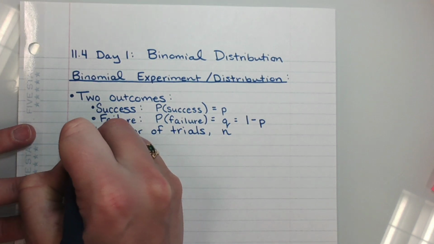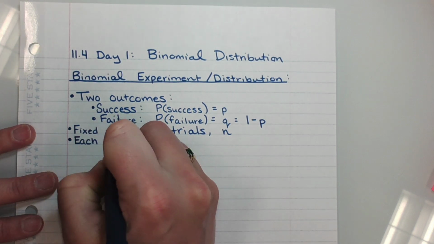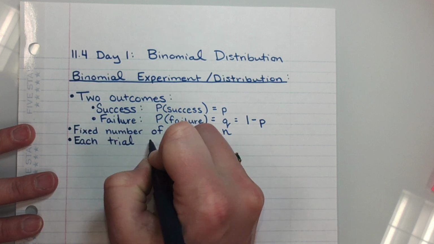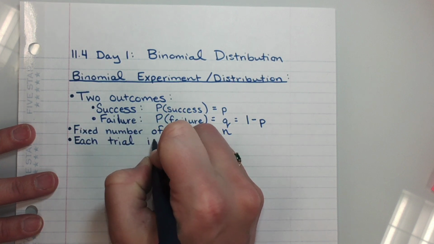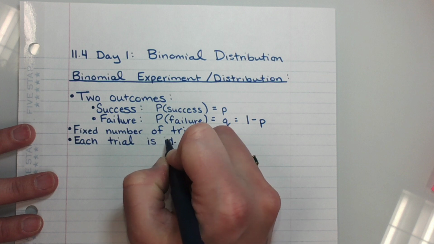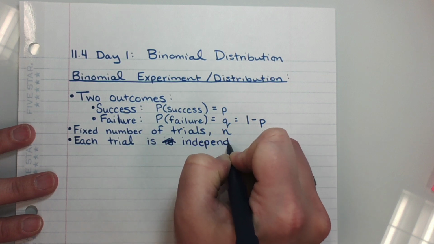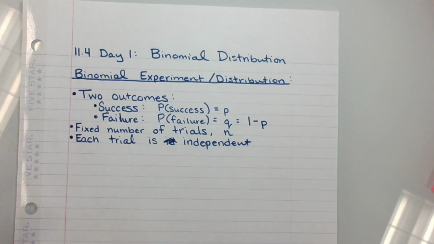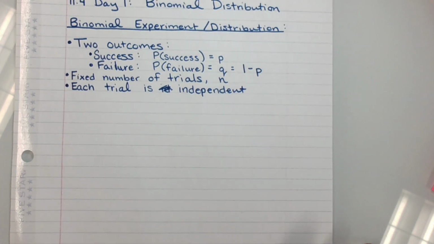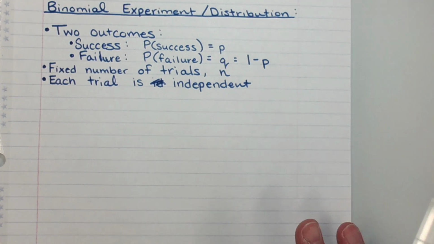Furthermore, each trial must be independent. What does it mean for things to be independent?